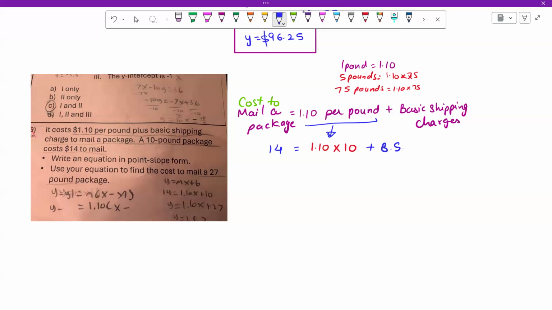I'm just writing BSC. Now we just need to solve it to check how much is the basic shipping charge. So what can we do to solve it? 1.10 times 10. How much is that?